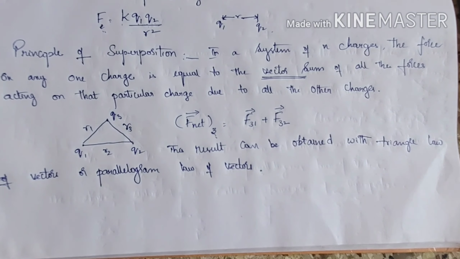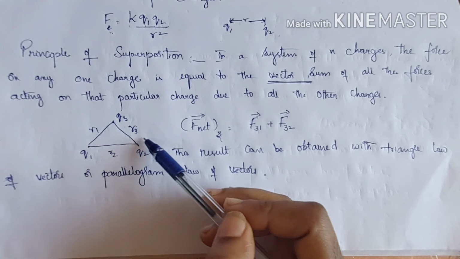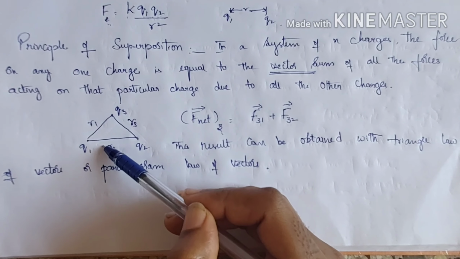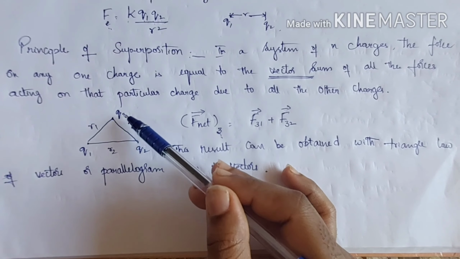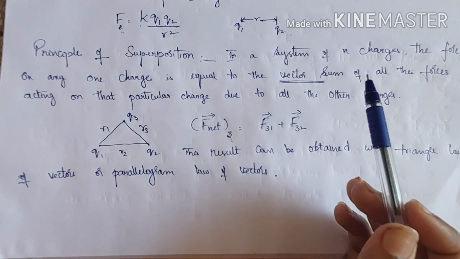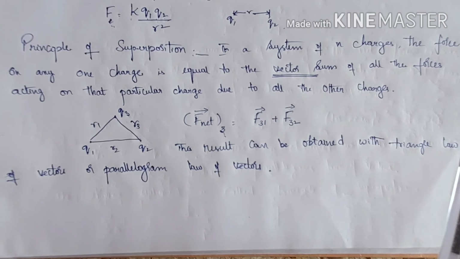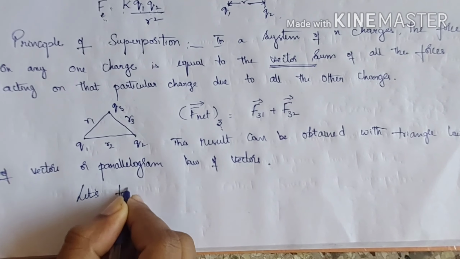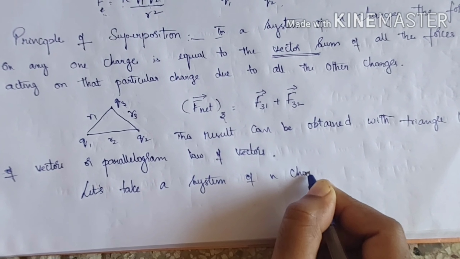Now the most important point when you are considering the principle of superposition is this: when you have, let's take 3 charges in a system, the force between 1 and 2 will remain unchanged and unaffected by the presence of the third charge. If I take 4 charges in a system, the force between any 2 charges will remain the same and unaffected by the presence of the other charges. So let's take a system of n charges.